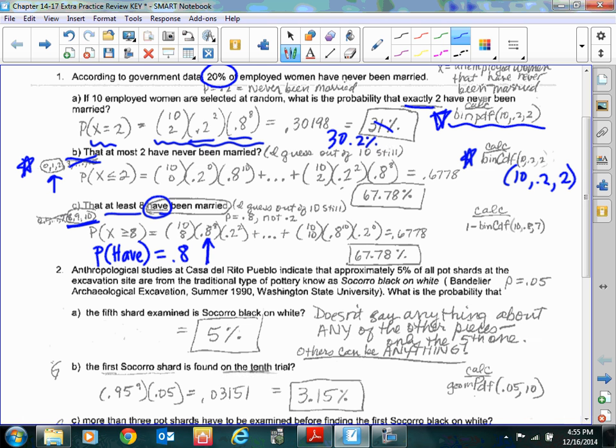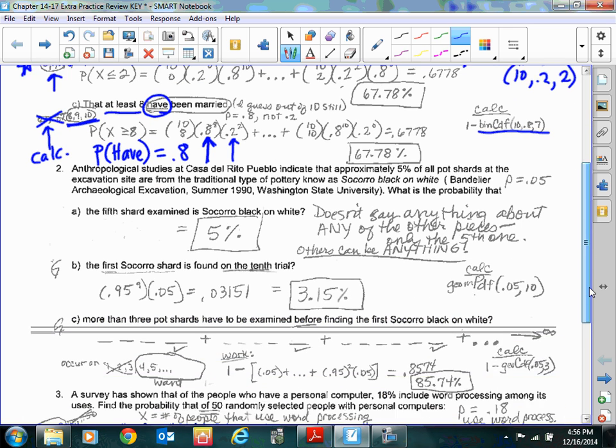That's 0.8 to the 8th power, 0.2 to the 2nd power. I do not want the bottom part, so I'm going to subtract off the part that the calculator gives me. The calculator will accumulate 10 comma 0.8 comma 7, and then I will take that part away to get the 8, 9, and 10.